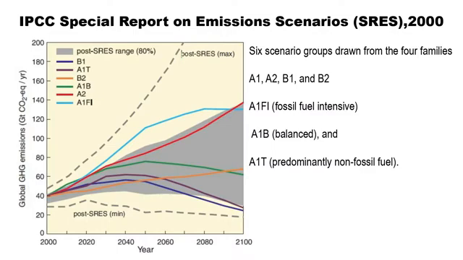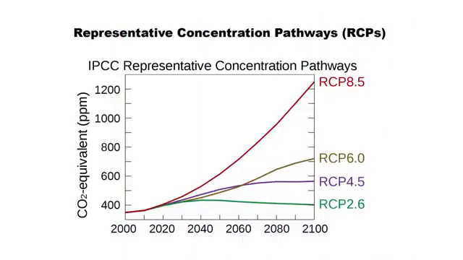In the year 2000, the IPCC released a second generation of projections collectively referred to as the Special Report on Emission Scenarios. These provided common reference points for a great deal of climate science research in the last decade. In 2007, the IPCC responded to calls for improvements to the SRES and produced a new set of climate scenarios called the Representative Concentration Pathways, or the RCPs.